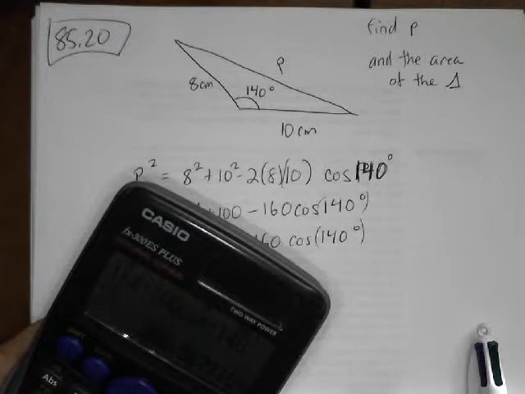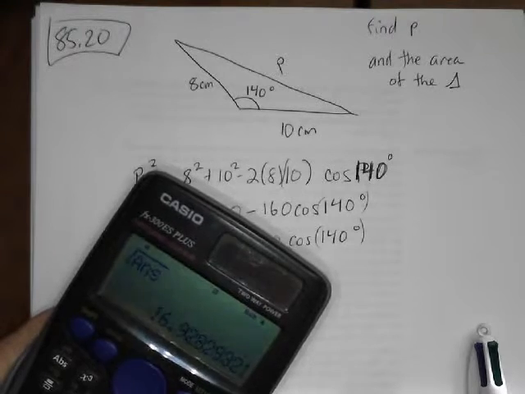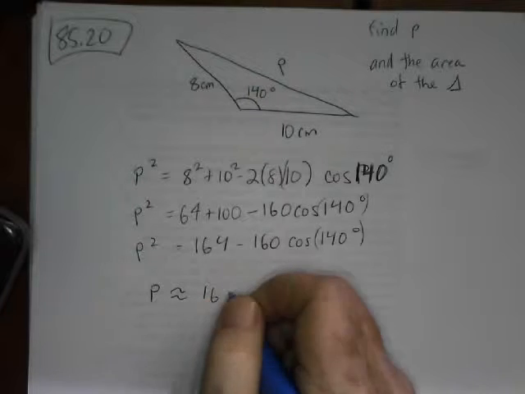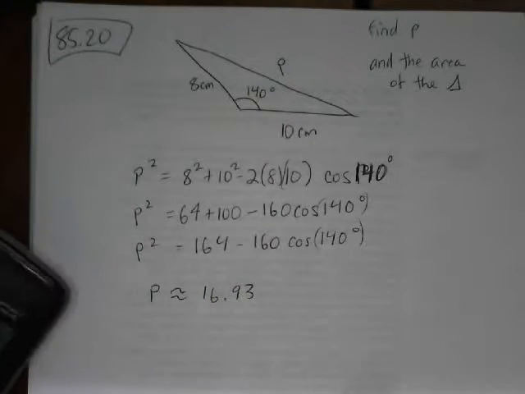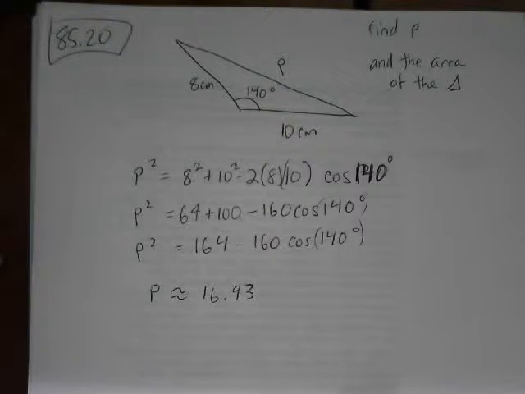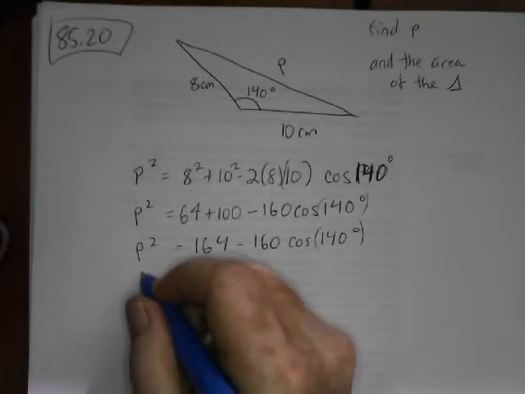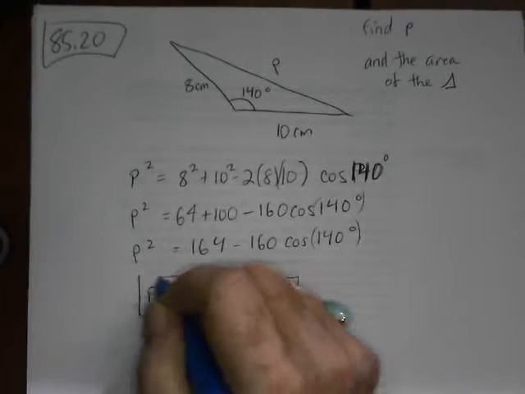How do I take a square root in here? This number, square root, answer. 16.93 or so. I guess I can round it. And those were, I think, centimeters. So that's part of what they asked for.